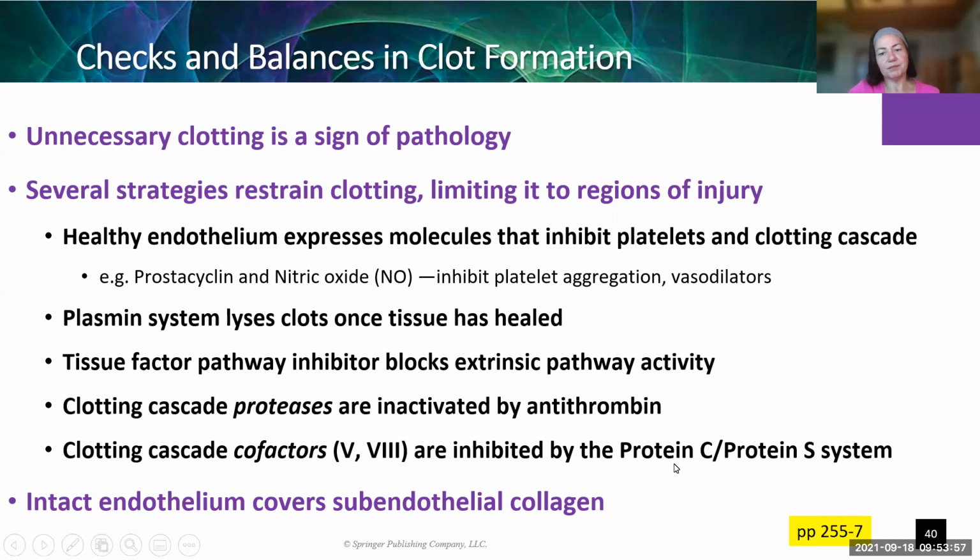And we have protein C and protein S that inactivate some of the other factors. The point is that we have multiple systems to try to keep this in check. We want to be able to clot quickly, but we want to be able to stop clotting quickly. And I've already mentioned the intact endothelium covers the subendothelial collagen, the stuff that the platelets might snag on quickly. All right, all covered on pages 255, 257.